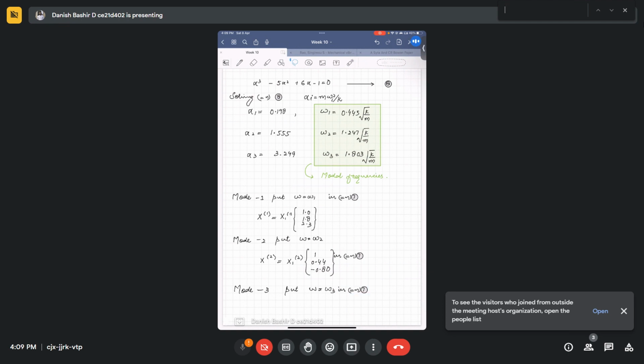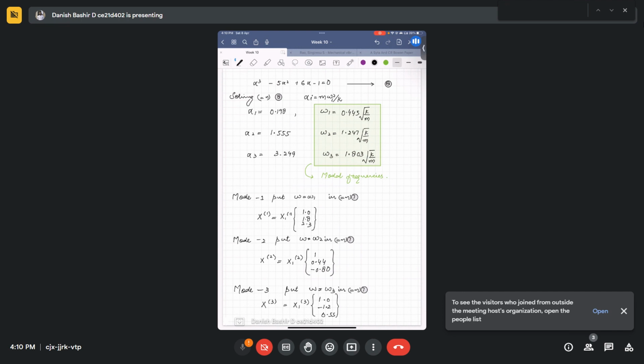So we have x of 3 will be equal to x1 of 3. We will be having values here 1.0, minus 1.2 and 0.55. This will be the mode shape.